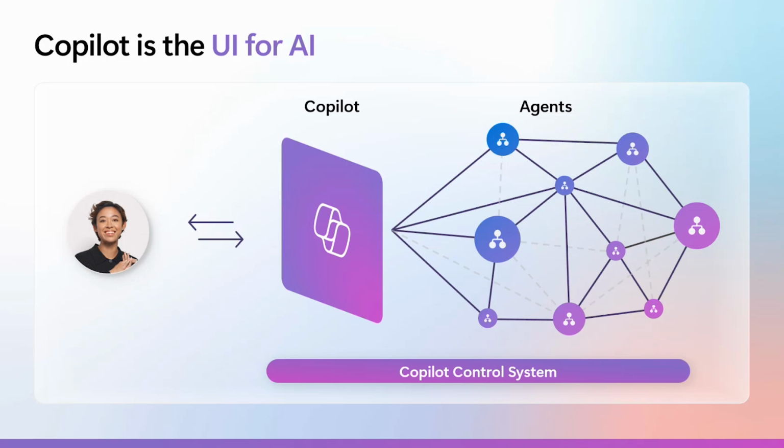So Copilot for every employee, but we add agents for every process, not necessarily every process, but I'm talking about the repetitive processes or most of the processes. Copilot understands you and your work context, and provides a consistent user experience to interact with AI. Agents augment Copilot by adding skills and knowledge to automate tasks and business processes. So the Microsoft ambition is to empower every employee with a Copilot assistant and to transform every process with agents.